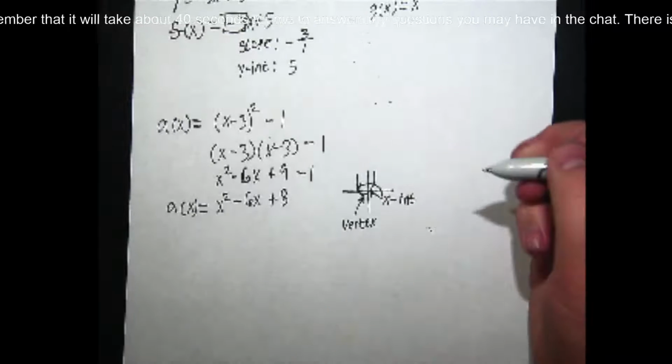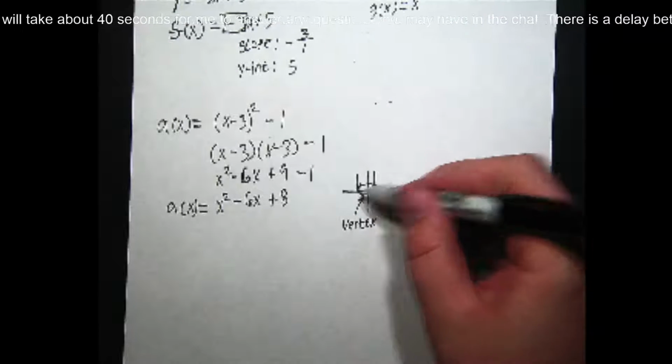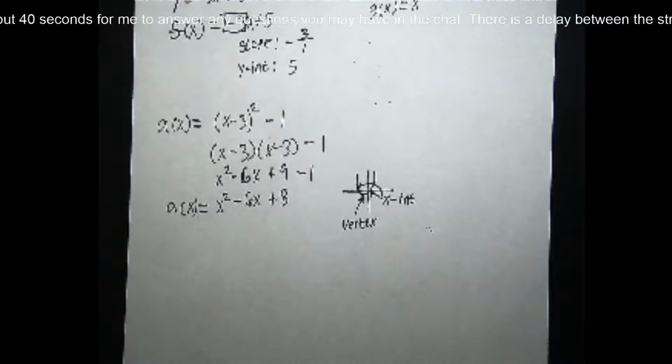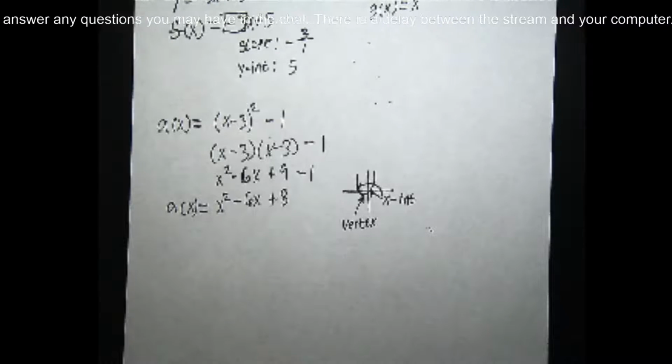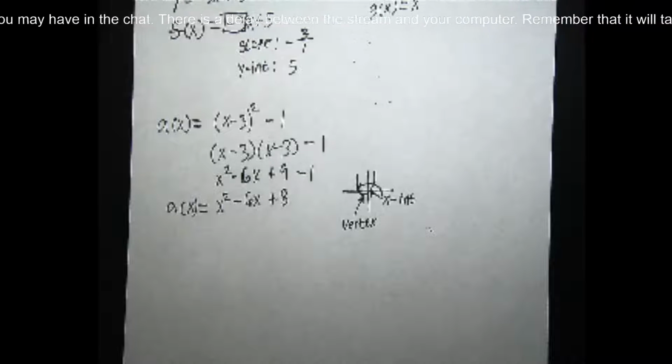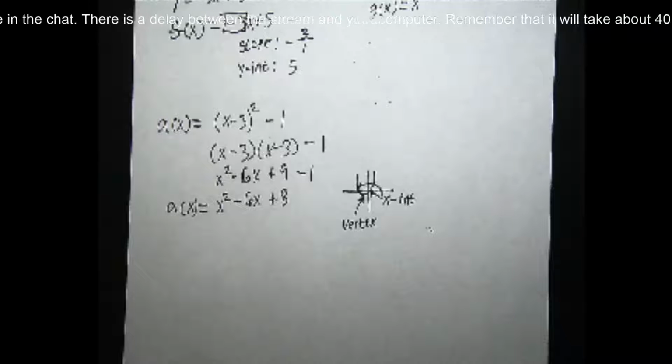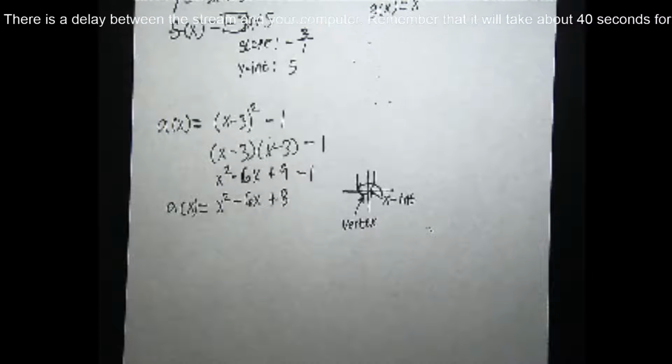If we think about these x-intercepts, it's where the graph crosses the x-axis. Now, anywhere along the x-axis, y is always going to be equal to 0. So if the graph crosses the x-axis, it's crossing where y is equal to 0. So all we need to do is change a of x into 0, and then we can solve.